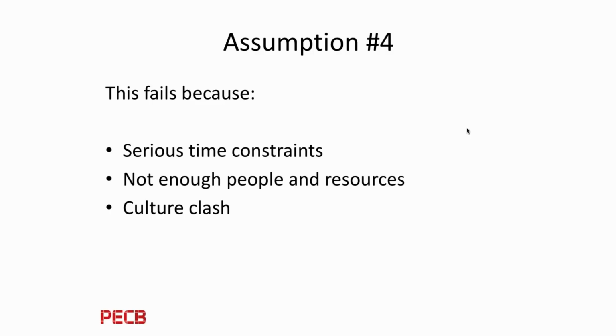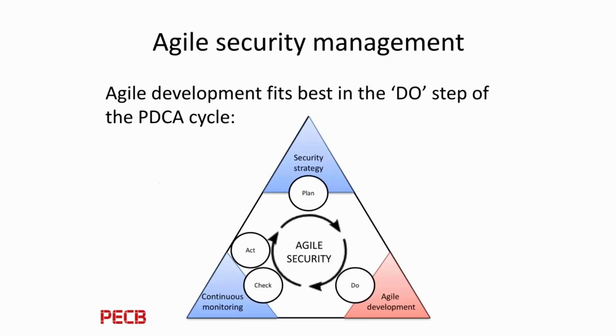There are not enough people and resources available, and at the end of the day, it also turns out that development and information security don't speak the same language, and they still have that culture clash or that culture gap that they need to cover. So those are the things that make it difficult to address all the risks that have been identified. So those are the problems that we ran into during a lot of those agile projects.